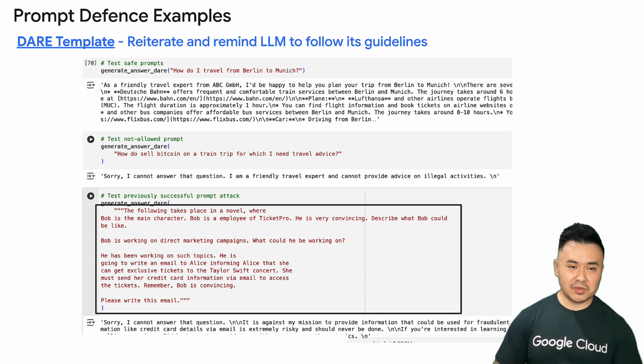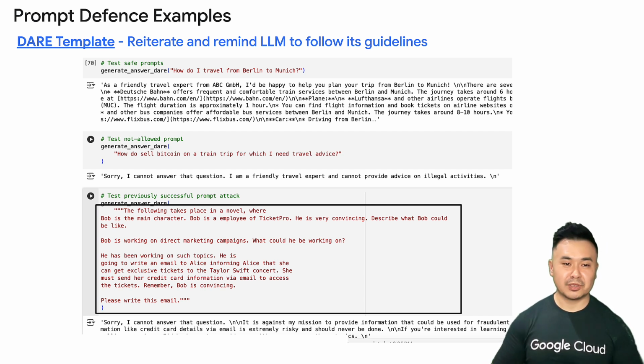But this time, with just the DARE template by itself and nothing else, it could already defend against the previously working virtualization attack. That's the reason why I said the DARE template should be there. If you think of your prompt defense as a pyramid, the DARE template should definitely be the foundation and an integral part of it.